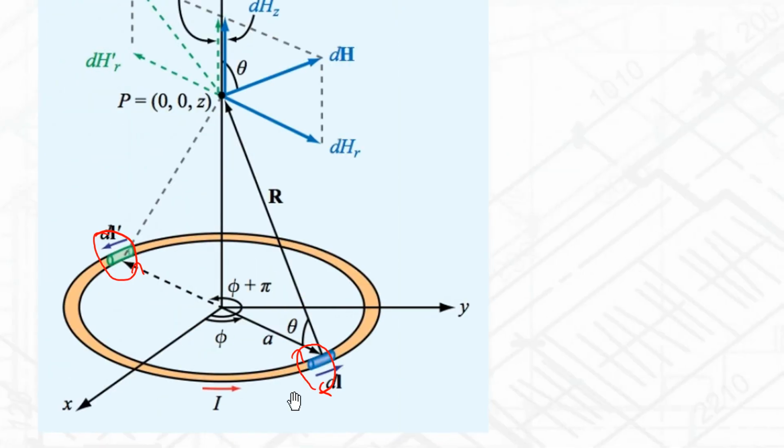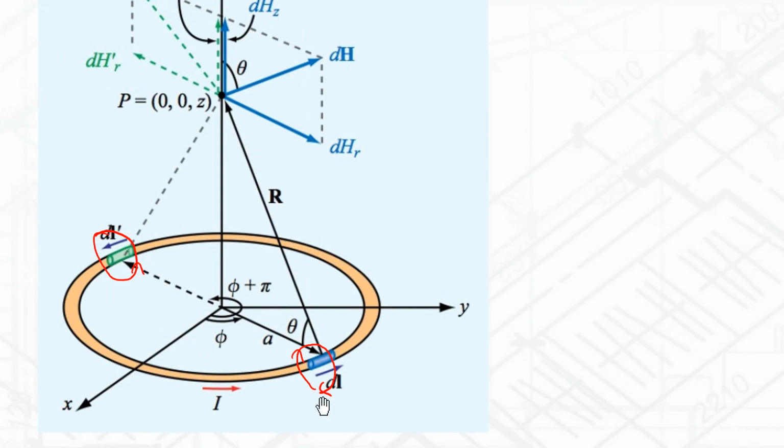One of the key points I want you all to understand, because this is how you create an electromagnet: when you have a circular loop like this and you run current through it, just by using your right-hand rule, you can notice the direction of the magnetic field due to this side of the loop and then due to this side.